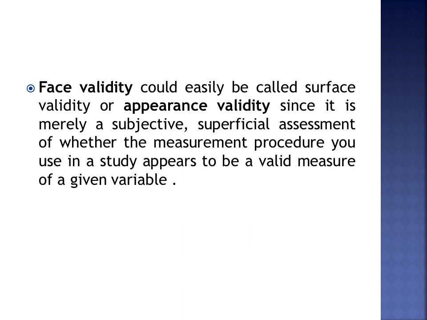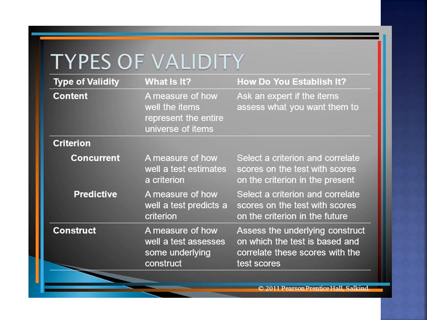Now let's go to the next page. Here's the summary of the types of validity: we have the content, criterion, which is the concurrent and predictive, and also the construct. You can pause this video if you want to know more about what it is and how you establish it.